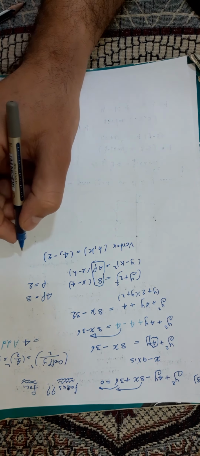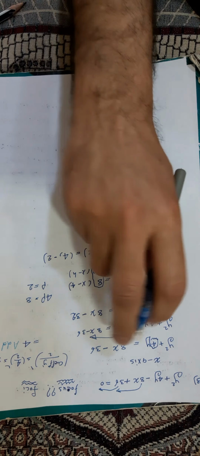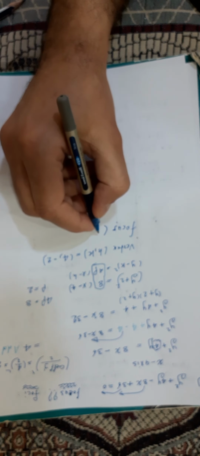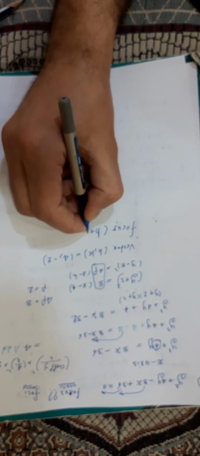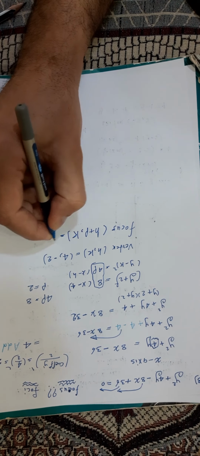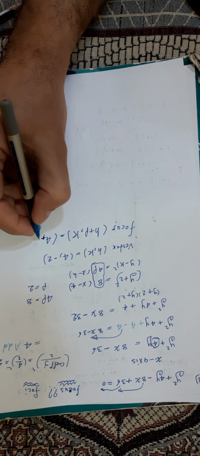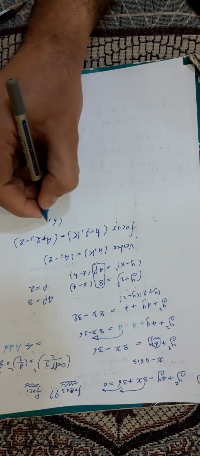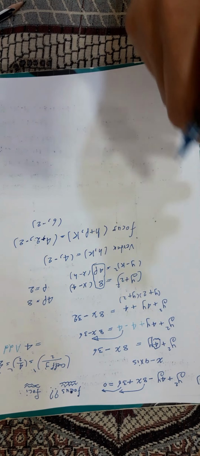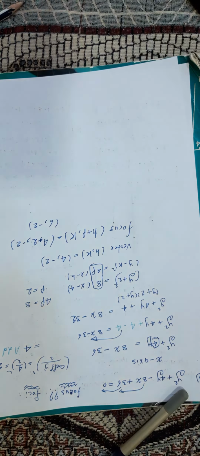So for the focus of an x-axis parabola, h changes to h plus p and k does not change. So 4 plus 2 comma minus 2, is 6 and minus 2. So option B is true, and I hope you will be successful, God willing.